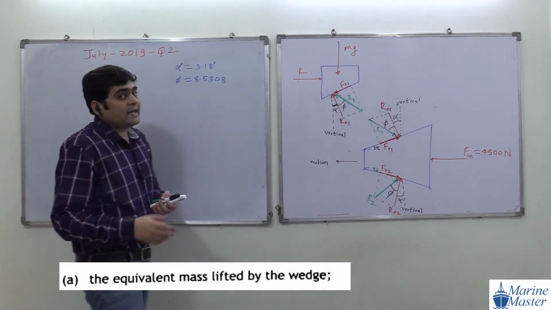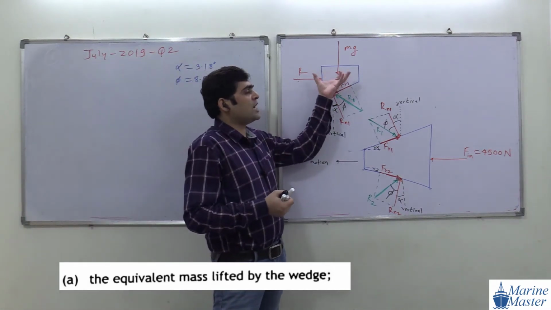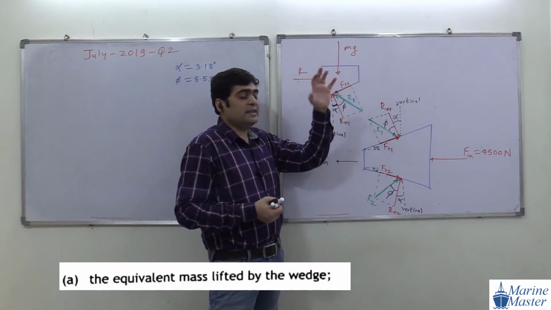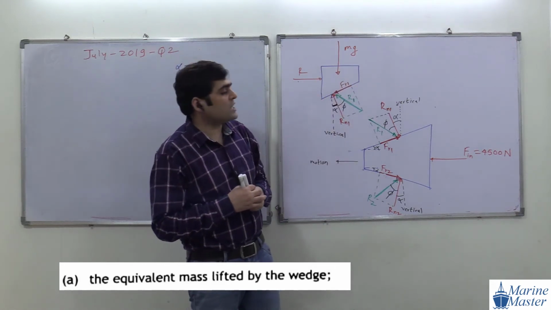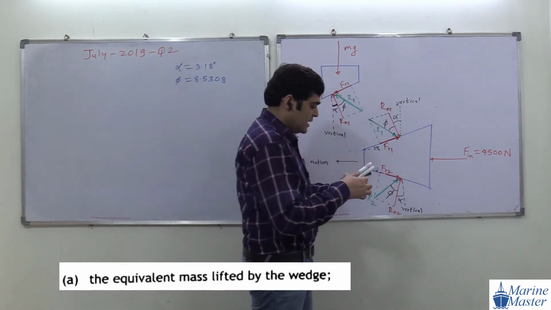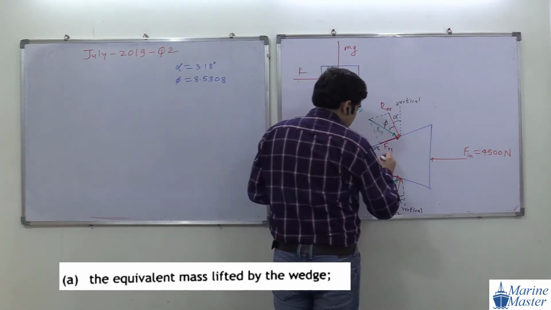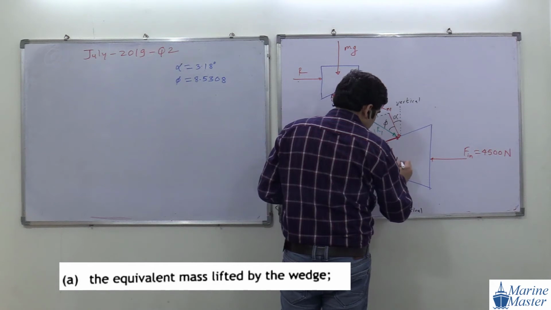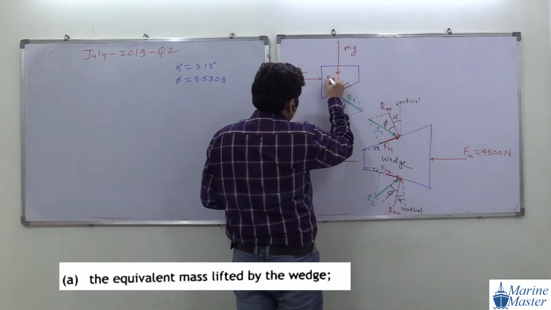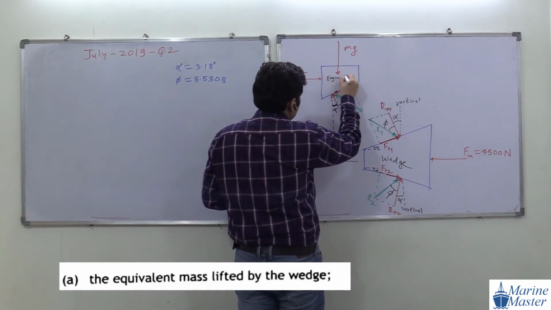In the earlier question, we always started with our engine bed plate. But in this scenario, we are going to start with the wedge. Here, add in this drawing: this is our wedge, and this is the engine bed plate.